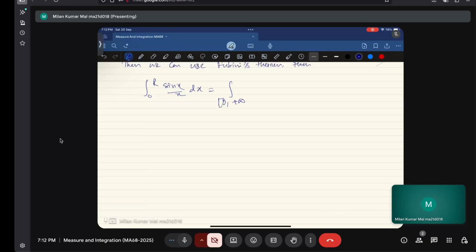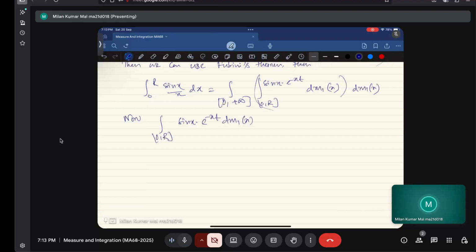Just a minute. Now this one we can use the partial integration.